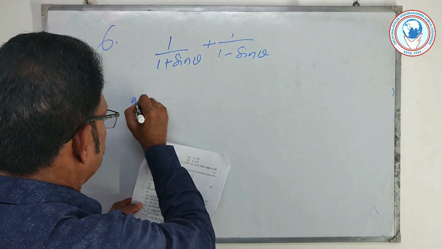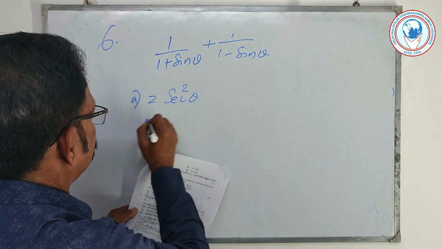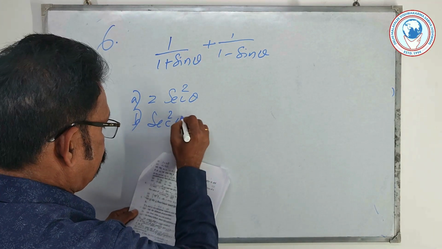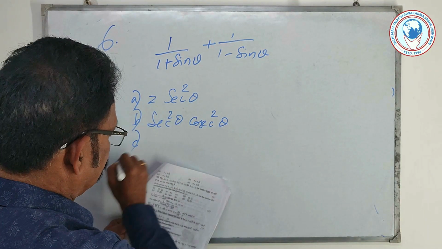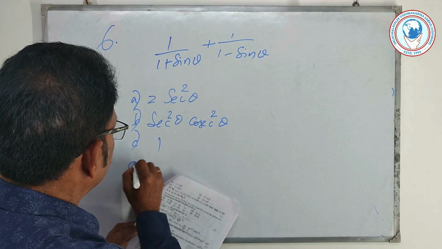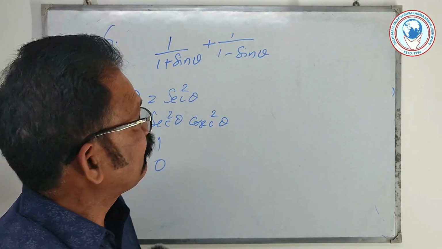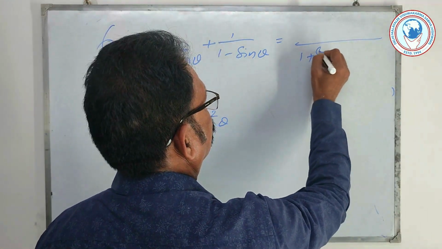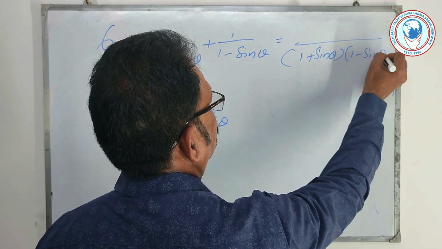Its value options are 2 sec square theta, sec square theta into cos square theta, 1, 0. First we simplify this one. 1 plus sin theta, 1 minus sin theta.